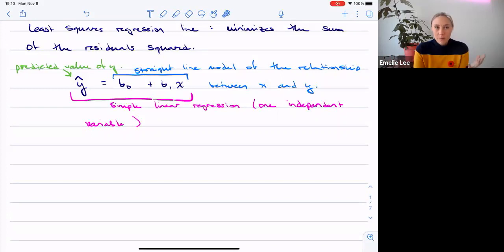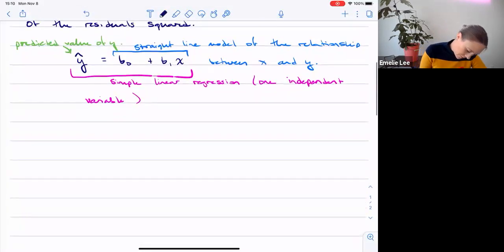So it'll be some number of X's. And really the idea stays the same, except now we have more independent variables incorporated into our prediction. It tends to yield better predictions. It can't yield worse predictions, but it might not be significantly better. So that's what we'll look at.